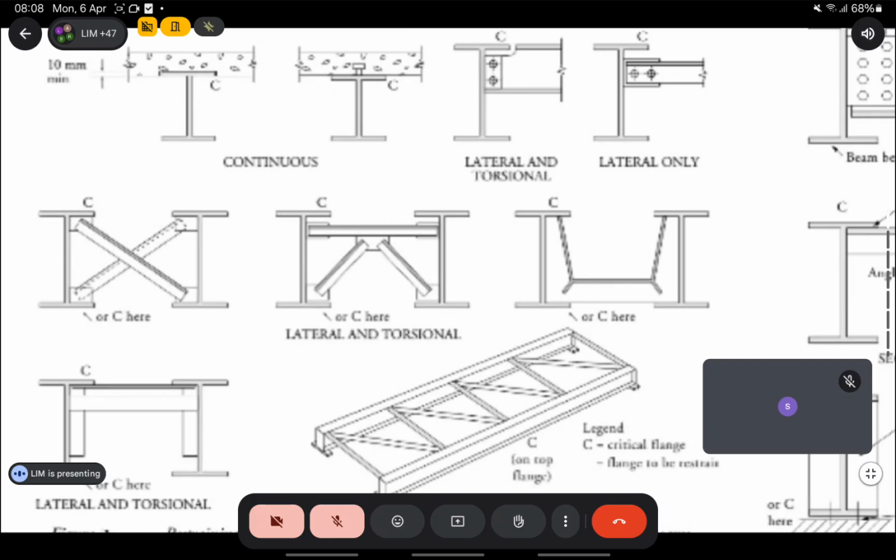If you build the slab into the beam, and the compression flange tries to move, the concrete slab actually stops it from moving. That's one way.